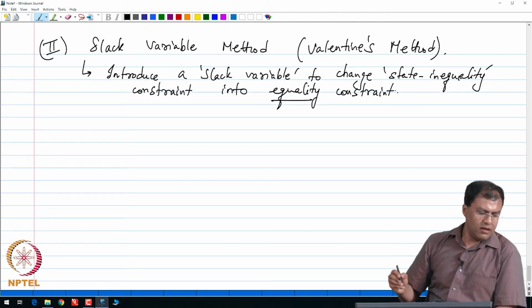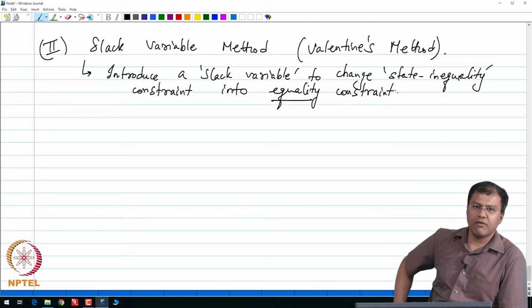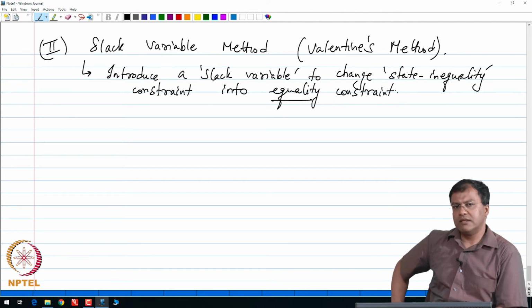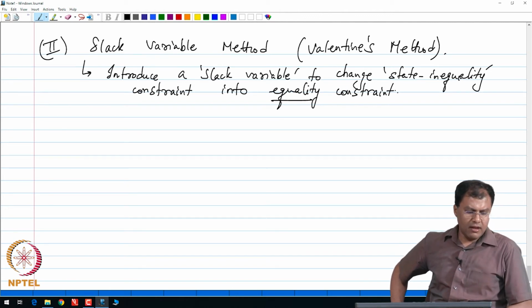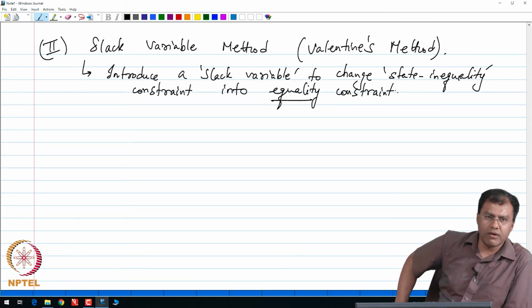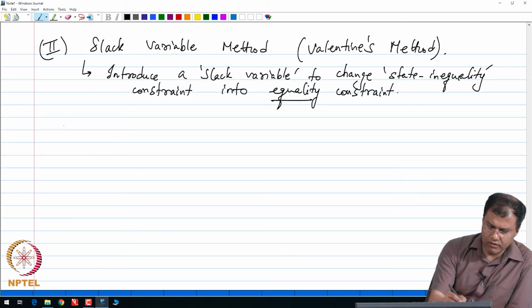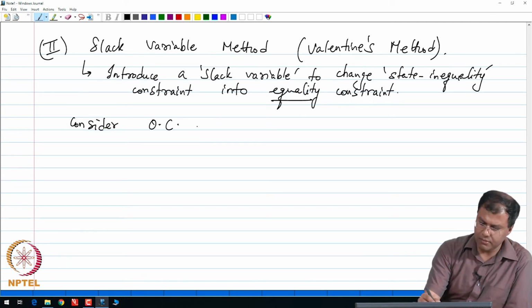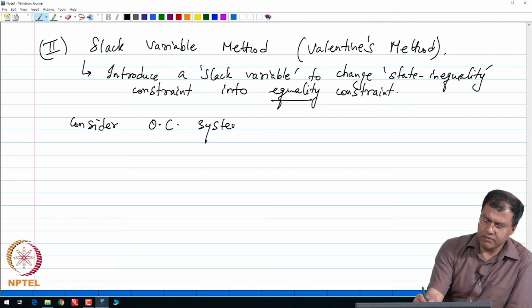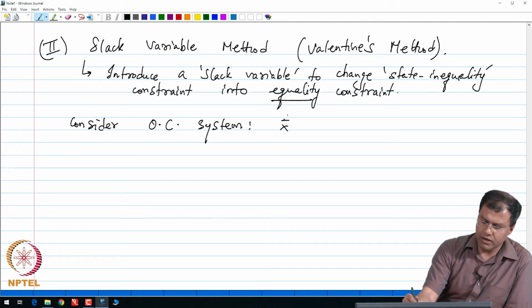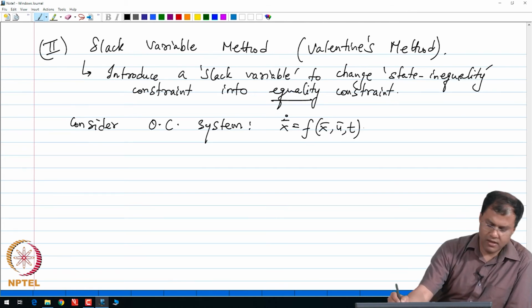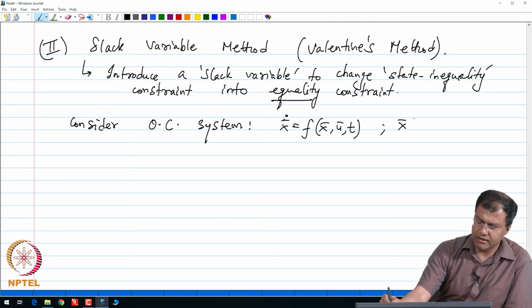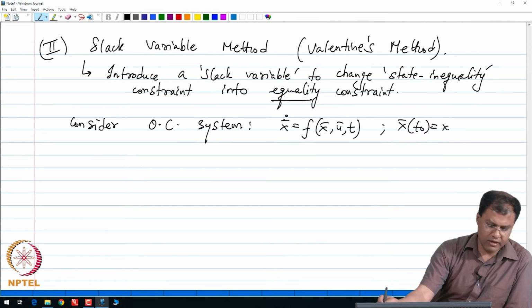Okay. So, now let us consider again the statement of the problem, and within the problem we will introduce our inequality constraint, right. So, consider the optimal control system given by x bar dot is equal to f of x bar, u comma t, and I am given that x at t 0 is x 0.